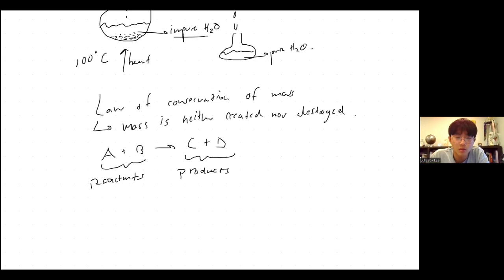Overall, whatever the mass of A plus B is going to equal the mass of C plus D. No matter what, the value will be the same. If it's not, then you did something wrong with either balancing the chemical equation, which we'll learn later, or there is something wrong. There must be an equality between the reactants and the products in terms of mass.